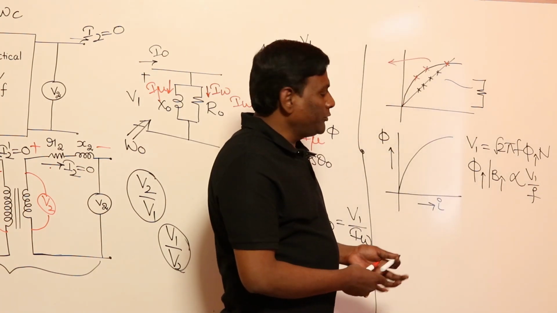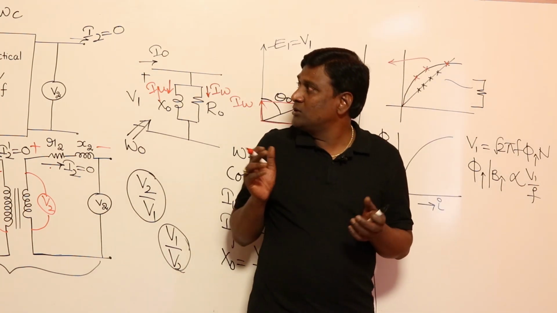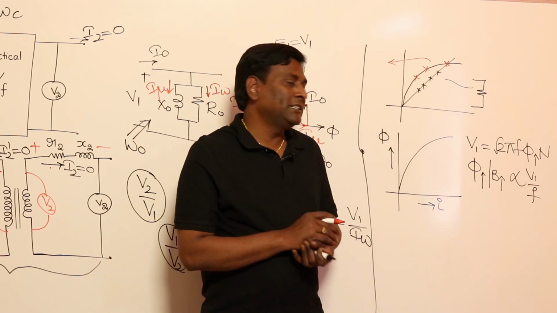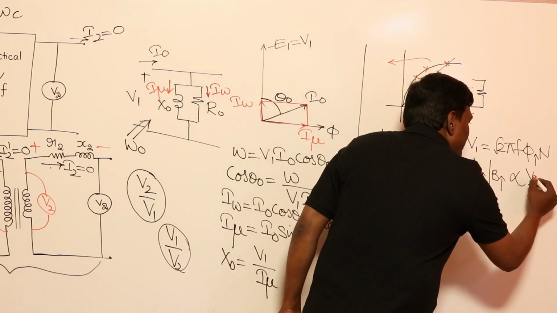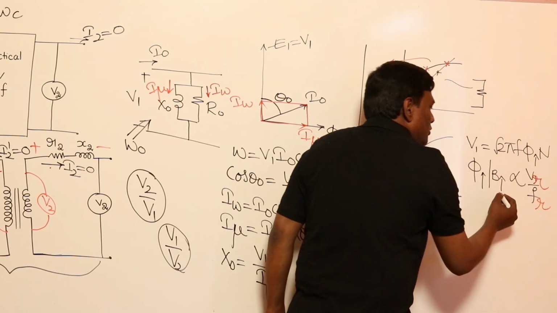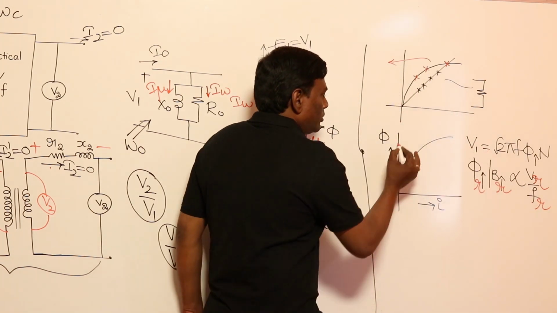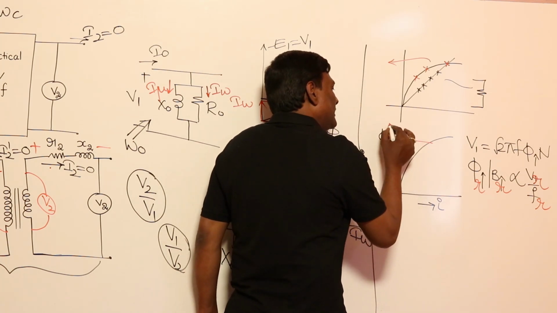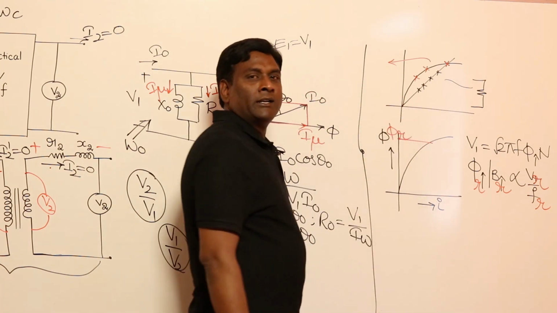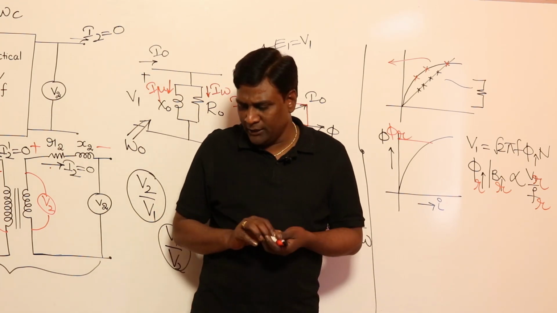Now, if you conduct this particular OC test at rated voltage and rated frequency, the flux density is going to be rated, or phi max is going to be rated. So at the rated condition of phi r, you are going to get the values of R0 and X0.